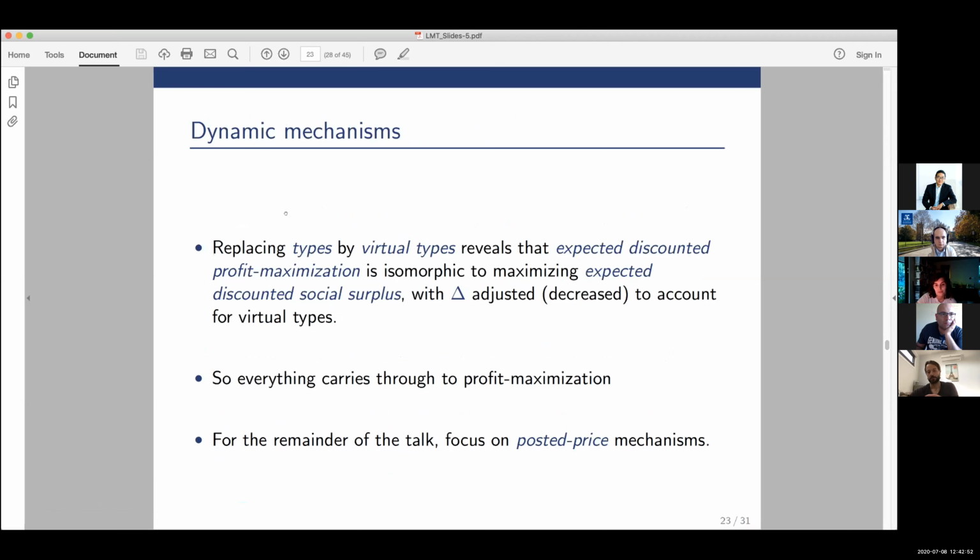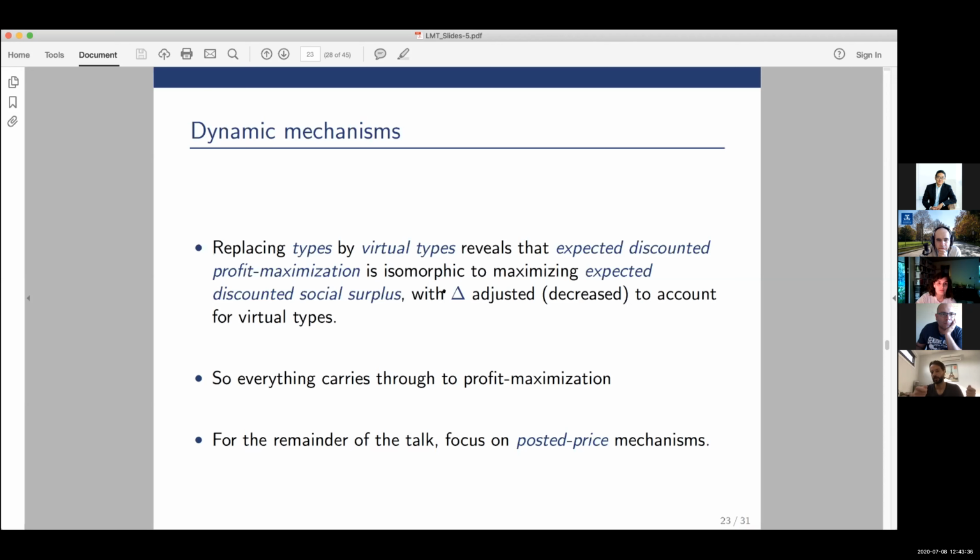For the rest of the talk, I'm not going to focus on profit maximization, but just to foreshadow how you can do it: if you replace the true types by virtual types, then expected discounted profit maximization is isomorphic to maximizing expected discounted social surplus. You need to adjust delta, not as the difference between V upper bar and C upper bar, but as the difference between the virtual type of the high value buyer V upper bar and the virtual type of C upper bar.